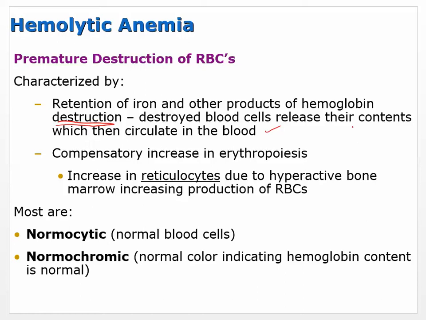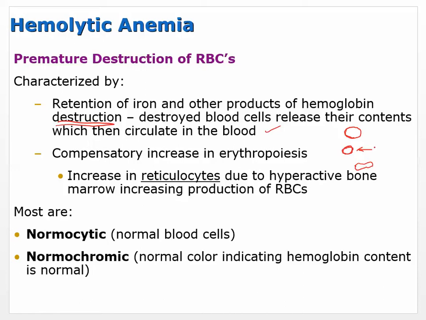Now remember, when we have our stem cell, it divides and produces something called a reticulocyte. The reticulocyte is an immature red blood cell. It's not really ready to go out in the world. It has to lose its nucleus and then become an actual mature red blood cell.